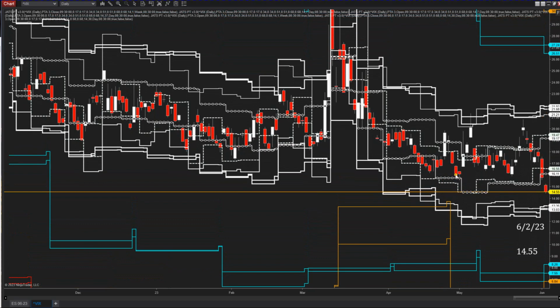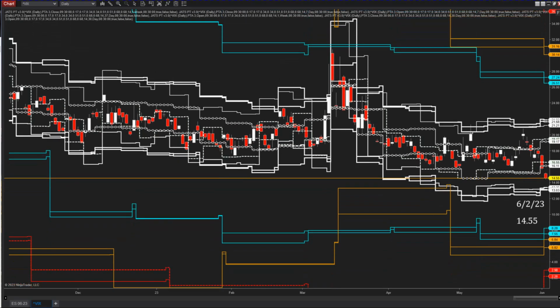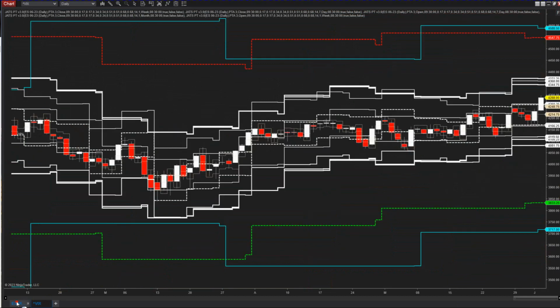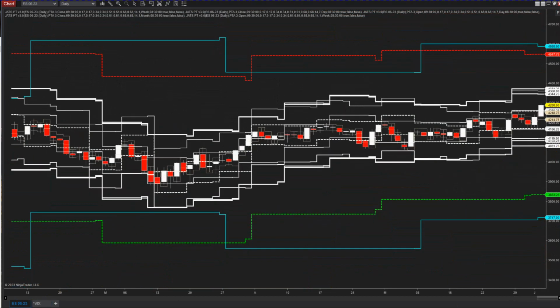You'll see that happen when you get to the bottom of these ranges. It will then change direction, go up to there and come back down. It's like a little pattern up and down inside these ranges for the volatility. For the ES, same thing.